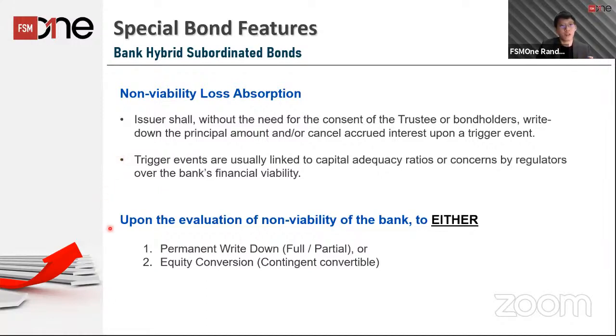If they choose to trigger this loss absorption, there are two actions that can be done. One is to write down the bond, whether in full or partially. Or, for convertible bonds, they can convert the bonds into equity, because they are reducing the debt level and adding more equity into the CET1 capital. So these are the two common actions the banks can take.